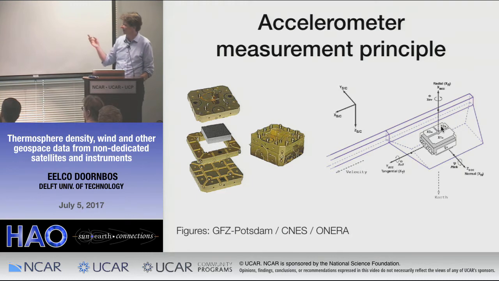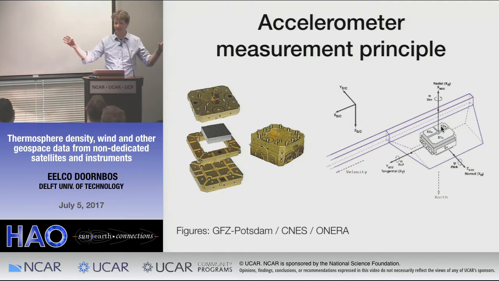GOCE actually had 6 of these accelerometers on arms. Basically the center of each of these arms was at the center of mass. So if you take the average of 2 accelerometers, then you get also a measure of the accelerations external to the spacecraft, the non-gravitational accelerations, the drag and the radiation pressure.